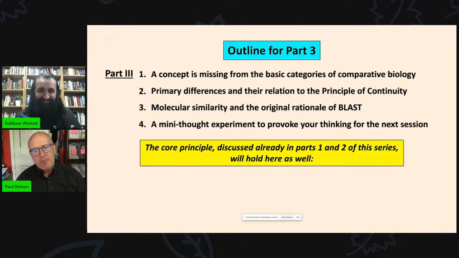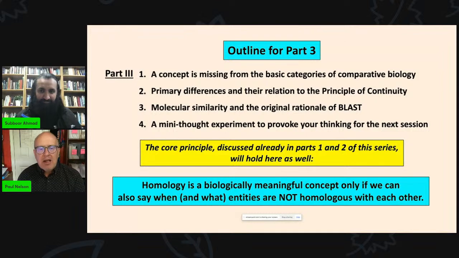So the core principle for today, and it really remains the core principle, I think, for the whole series, is this. Homology is a biologically meaningful concept only if we can also say when and what entities are not homologous with each other.